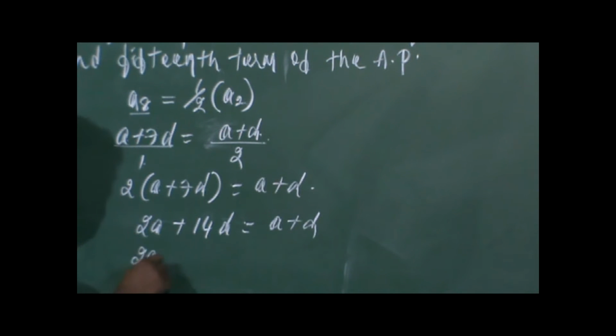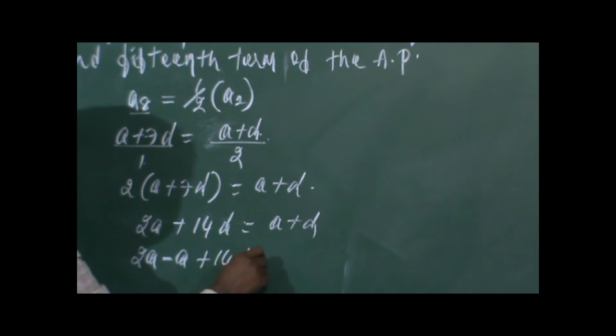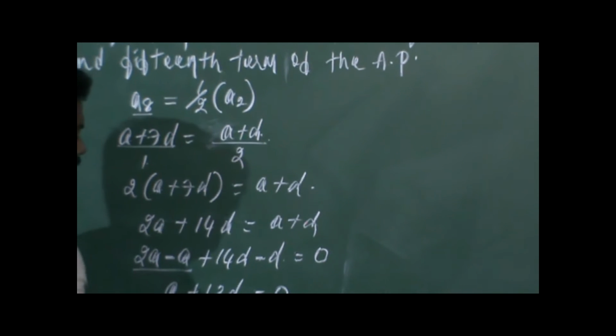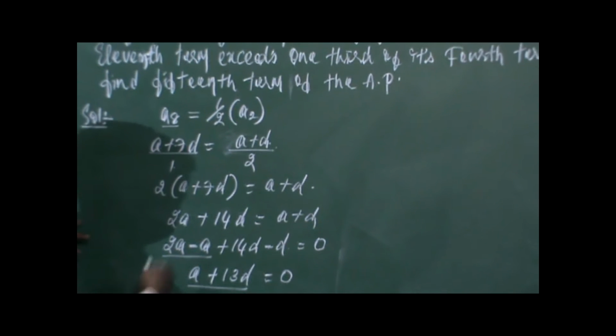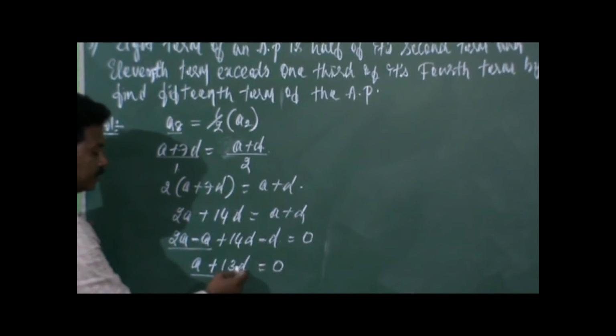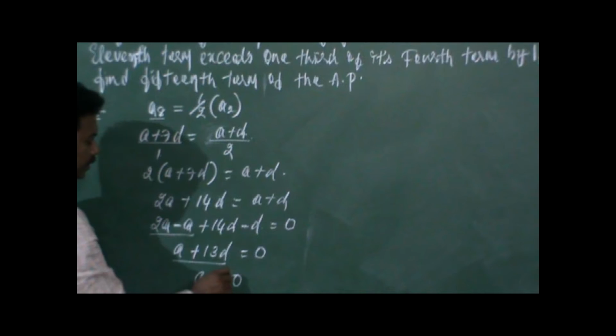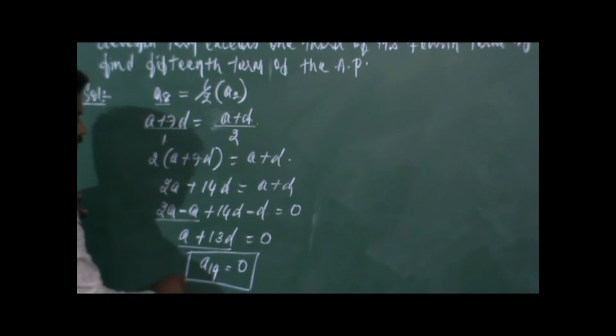So it becomes 2A minus A plus 14D minus D is equal to 0. So 2A minus A is A plus 14D minus D is plus 13D is equal to 0. So A plus 13D, in the reverse order, if you think, 13 times common difference added to the first term is nothing but A14 is equal to 0. So this is the result.